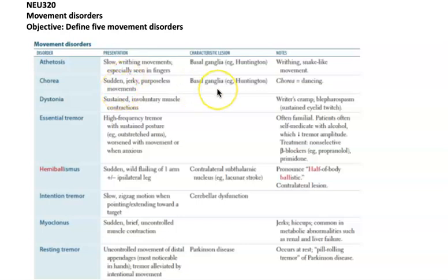So when we look at this, the 5 disorders that we're going to be defining are Huntington's disease, Parkinson's disease, and then we're also going to look at the larger body of dystonias and essential tremor. So that's 4 of them. And then I've added in Tourette syndrome in addition because it's an interesting one and is a little bit outside of what you normally see here.